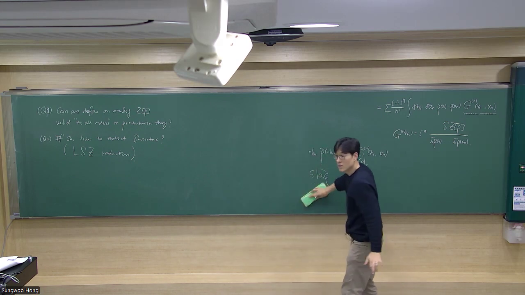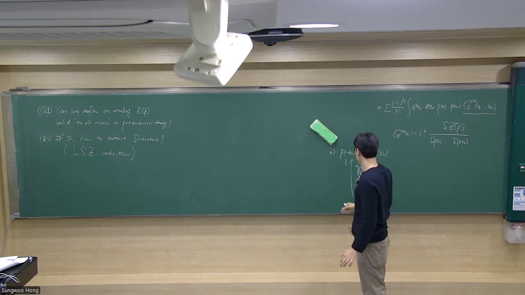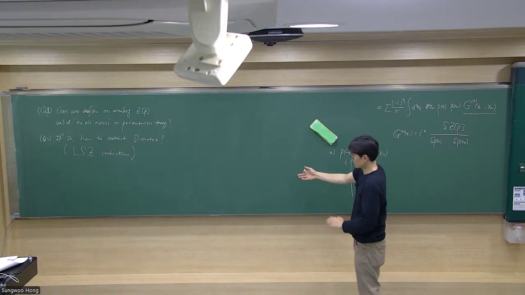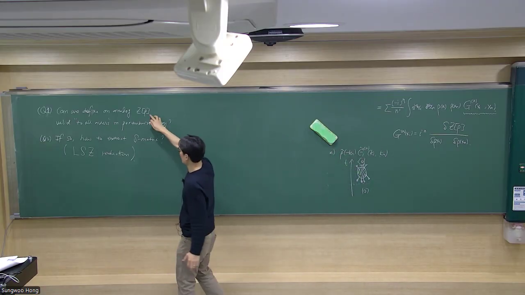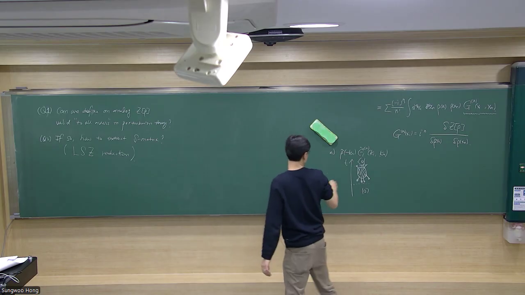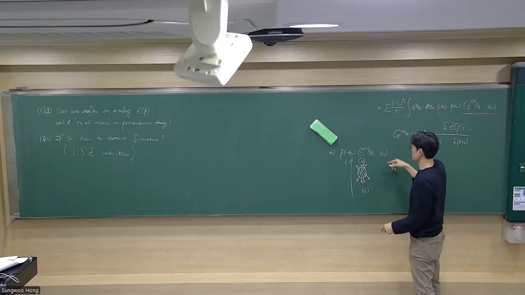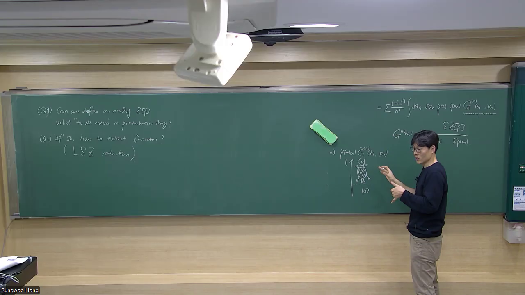Professor? Yes. Sorry, how did you define the generating function then? Which I just wrote down. This is given a momentum space Green's function, which is defined as the sum of all Feynman diagrams, including external legs and the momentum-conserving delta function.